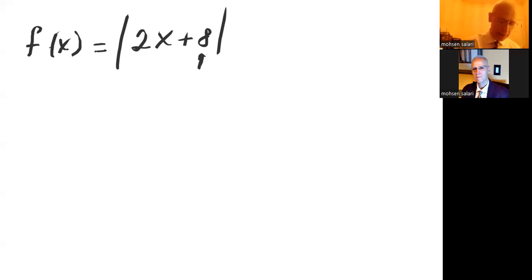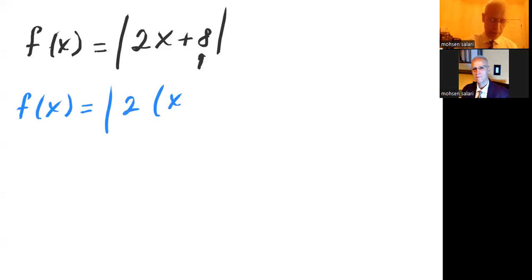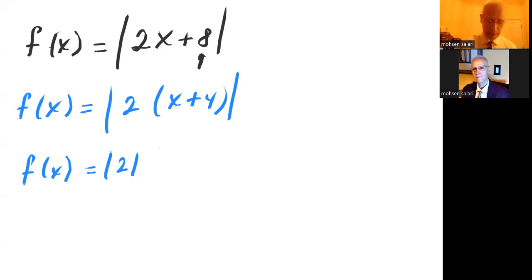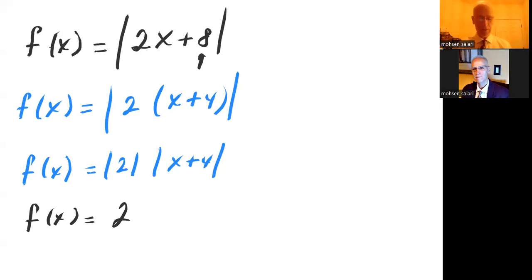Would you agree that this is the same as saying f of x equals 2 times x plus 4? I didn't change anything. Hopefully you'll say yes. And this is the same as f of x equals absolute value of 2 times absolute value of x plus 4. So f of x equals 2 times absolute value of x plus 4, and then I'm going to put a plus 0 in here just for the sake of discussion.